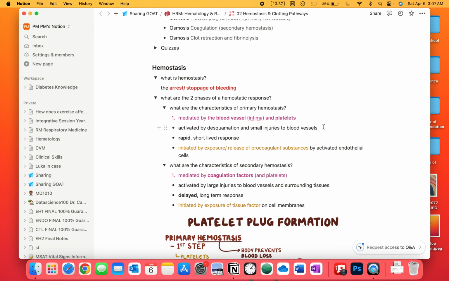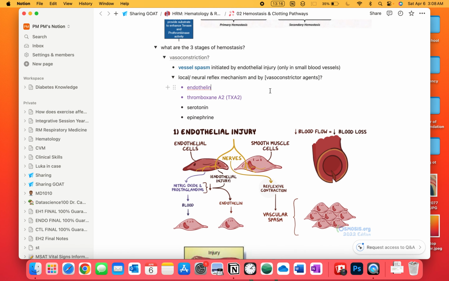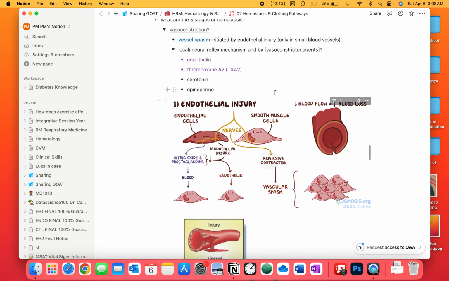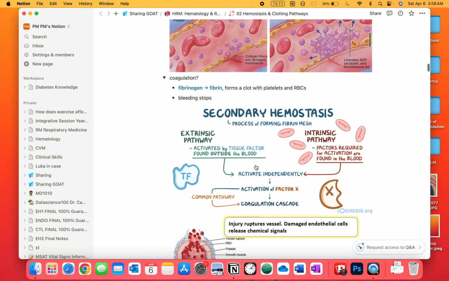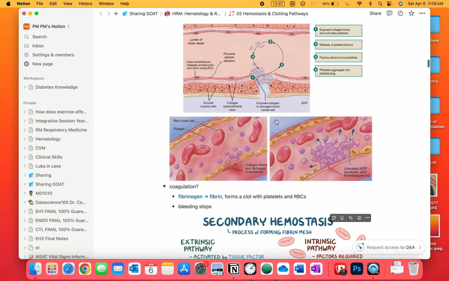Secondary hemostasis is going to be long, and it's going to be initiated by exposure of tissue factor on cell membranes. Now, the thing with primary hemostasis is you're only going to have vasoconstriction if that vessel has smooth muscle. You can't have vasoconstriction if the vessel doesn't have smooth muscle. Now, going into the stages of hemostasis, you're going to have vasoconstriction, platelet plug formation, and clot retraction.